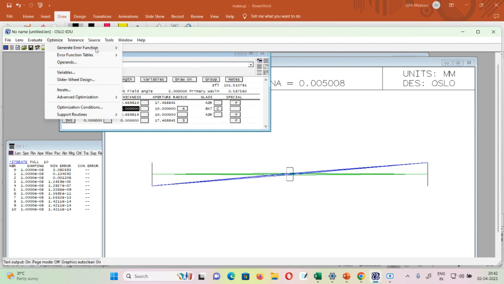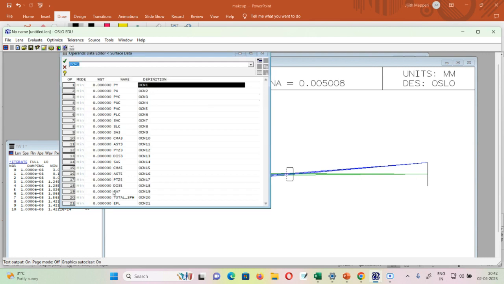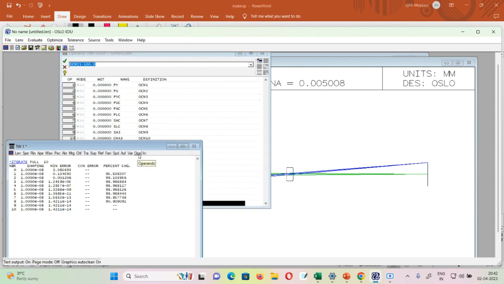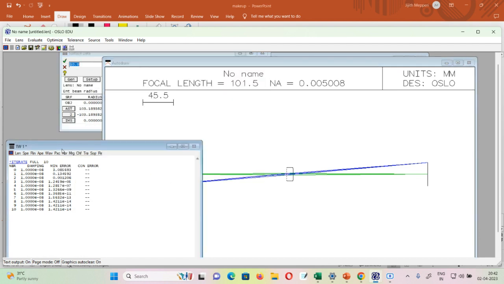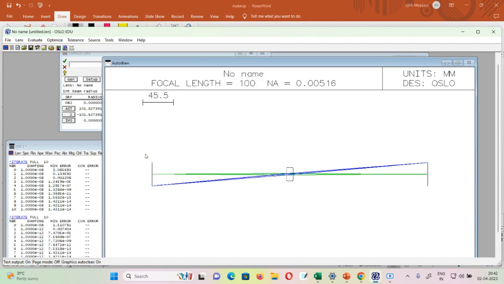I have to use the iterator function, aberration operand. I will give the weightage as 1, simply 1 minus 100. Go for a select. Accepted. Go for an iteration. See, this is selected as 100.